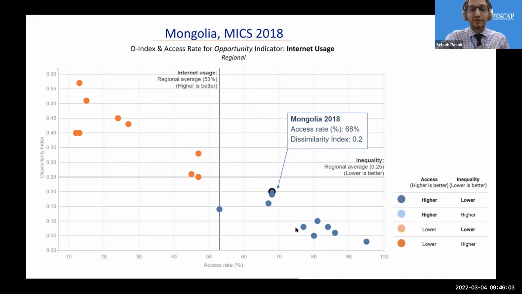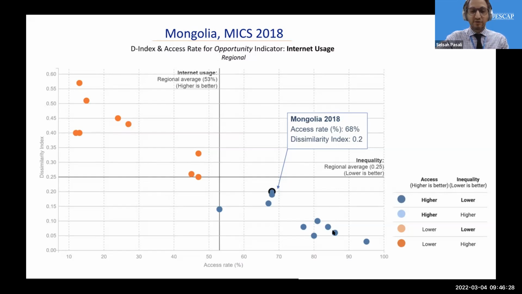So the improvement would entail that the access rate, or internet usage in the last 3 months, will need to increase from 68% to 84% for Mongolia to join those 6 countries. At the same time, inequality will need to decrease. Currently, as you remember, the index in Mongolia was 0.2.